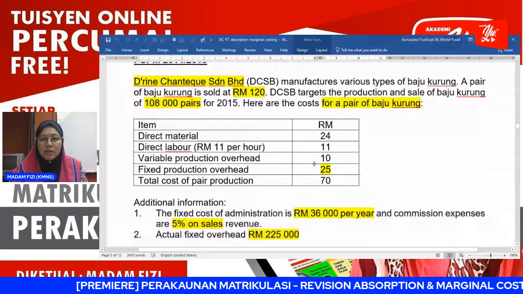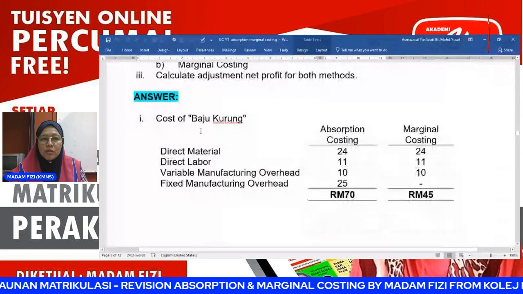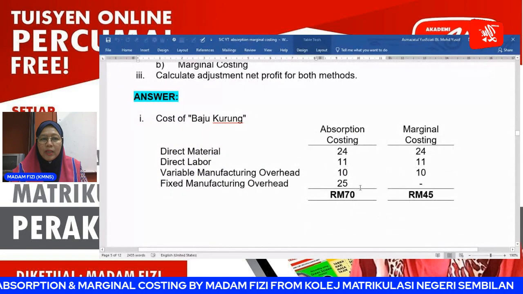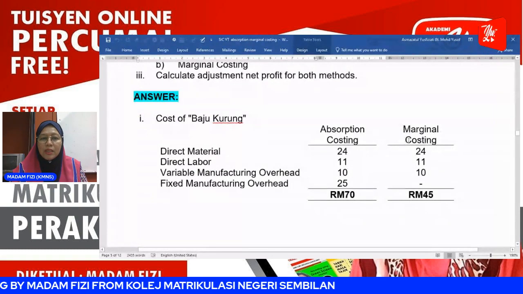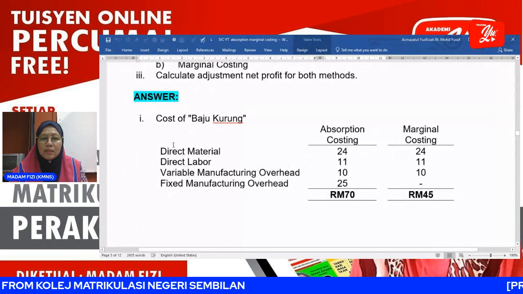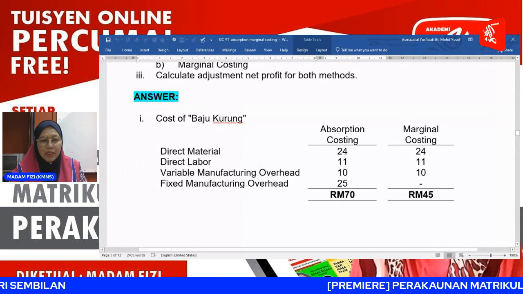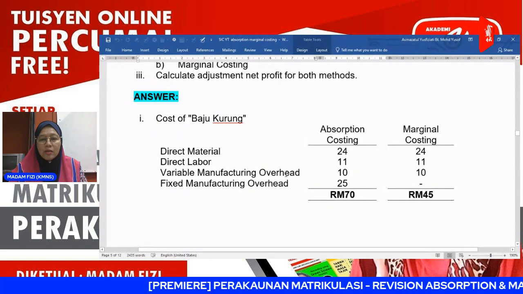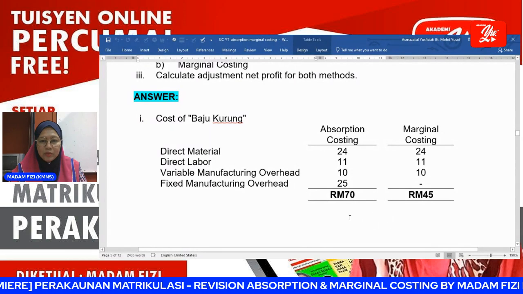Just take the information directly. The cost of baju kurung using absorption costing is RM70. While the cost per unit for marginal costing, you have to calculate direct material, direct labor and variable manufacturing overhead only. So the total cost per unit is 45,000.